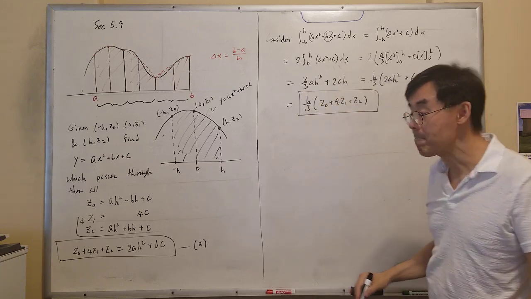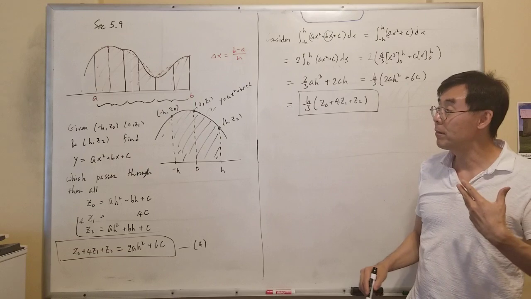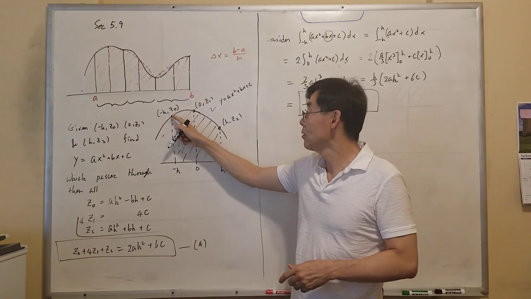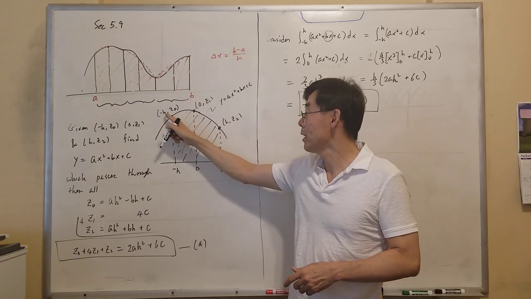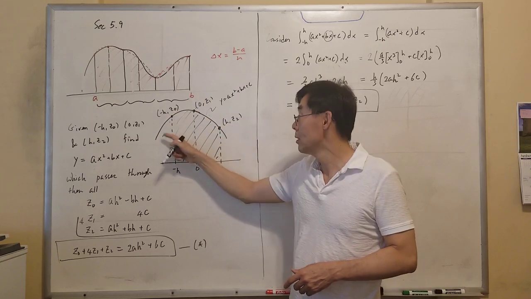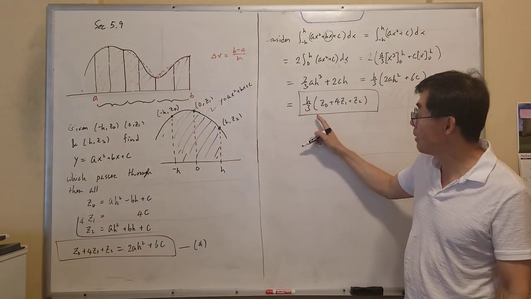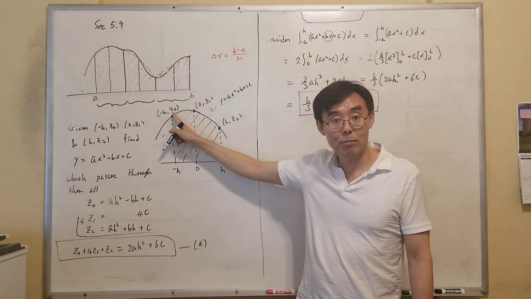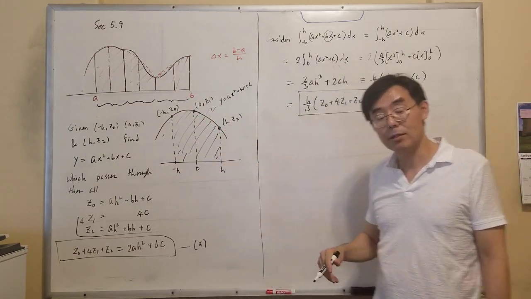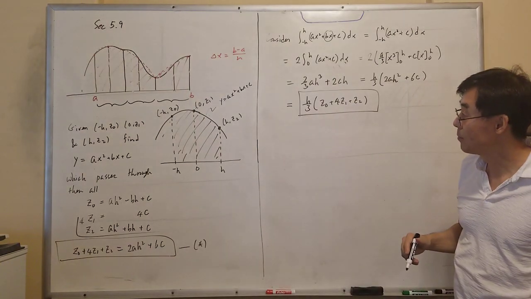So what is it? The definite integral of the quadratic function through these 3 points, minus h z0, 0 z1, h z2, will be just h over 3 times the first y value, plus 4 times the center y value, plus the third y value.